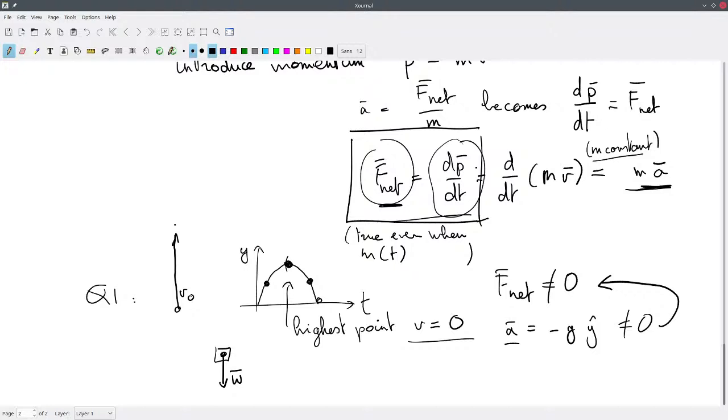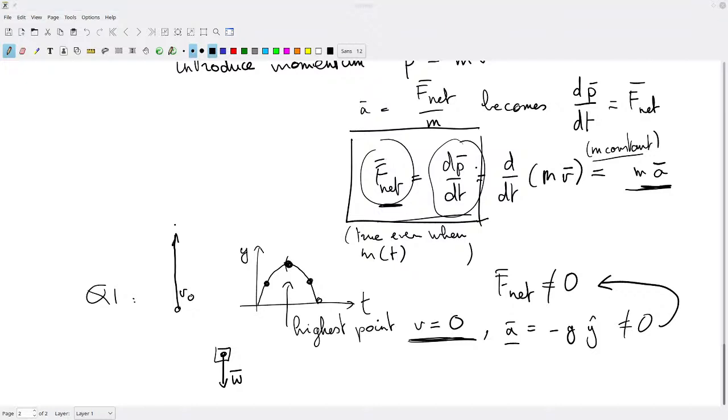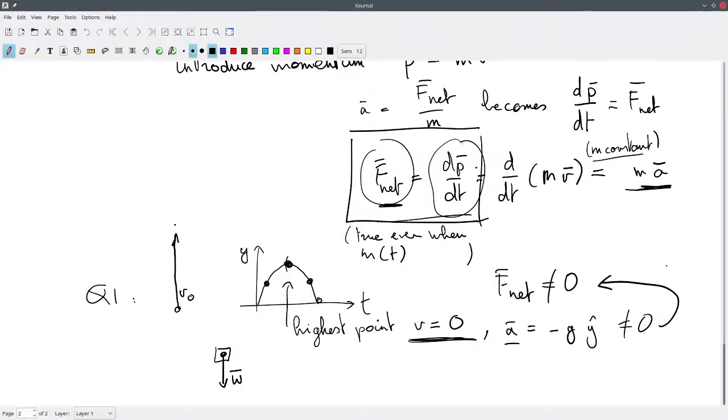Because it goes through this maximum and v is momentarily 0, that doesn't mean that the net force is 0. The only thing that would mean the net force is 0 would be if the acceleration is 0. And the acceleration is never 0 anywhere along this parabolic trajectory.